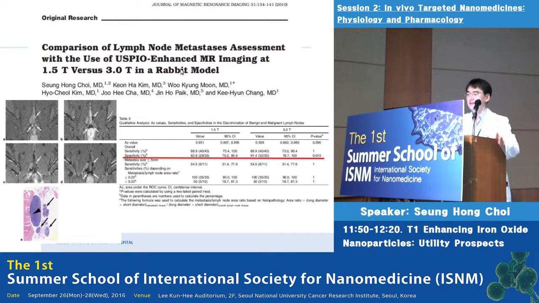It means that even though we use the same iron oxide or same contrast agent, we have to consider the T1 and T2 effects. In our study, we proved that the higher the field, the darker the signal intensity observed in the 3 Tesla MR scanner compared with the 1.5 Tesla MR scanner.